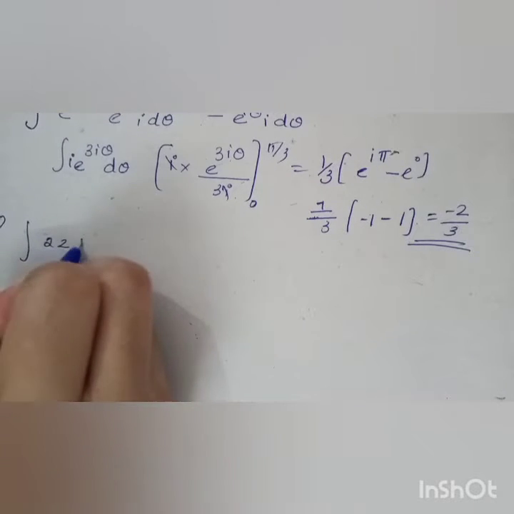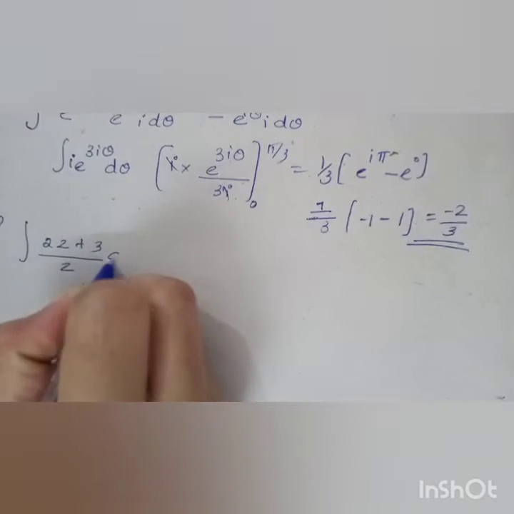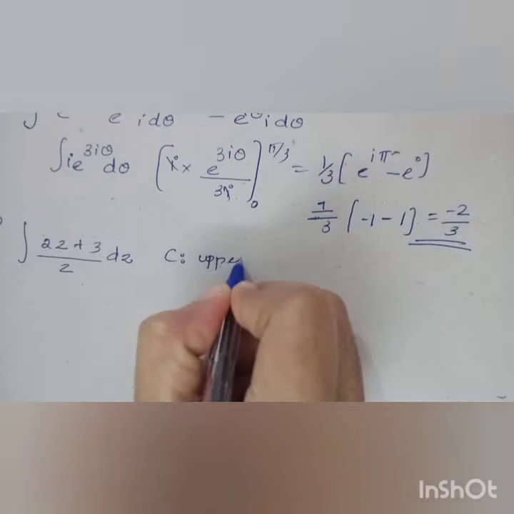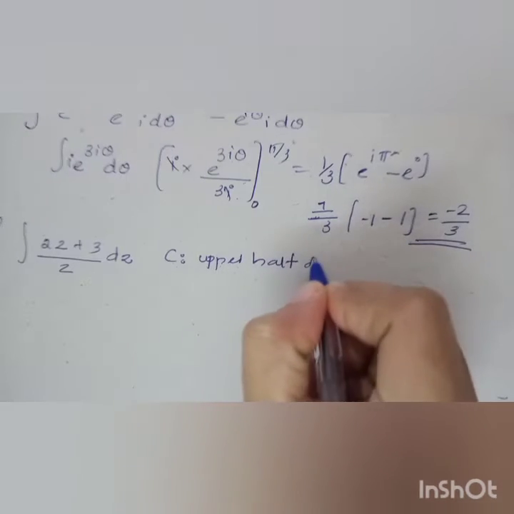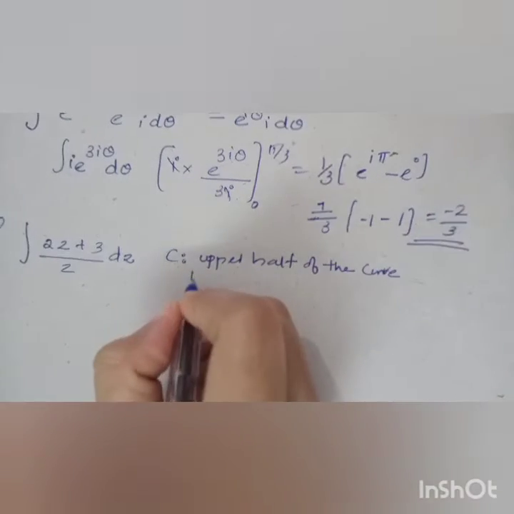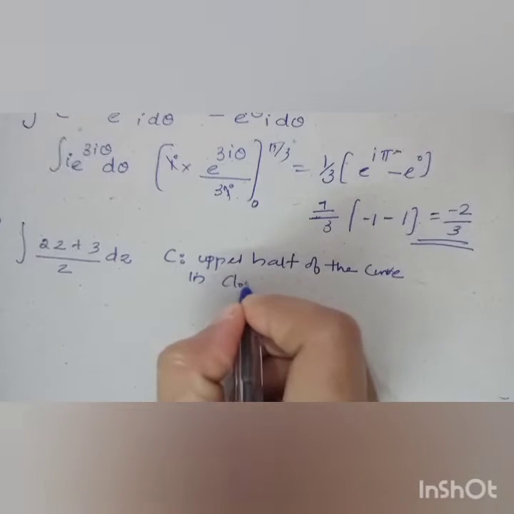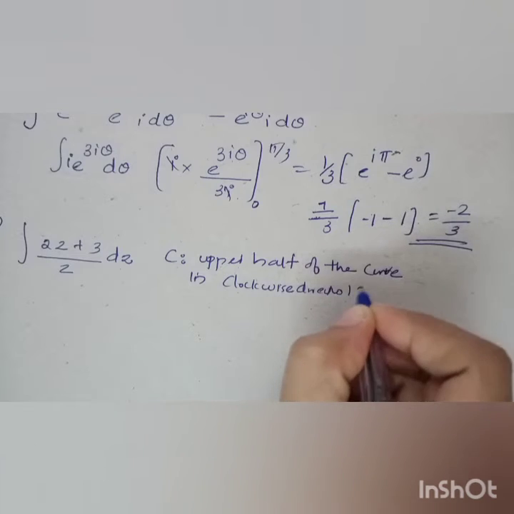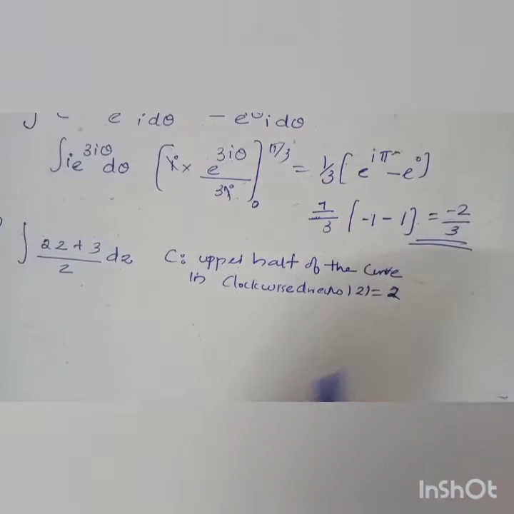integral 2z plus 3 divided by z dz, where the curve is the upper half of the circle in clockwise direction, mod z is equal to 2.